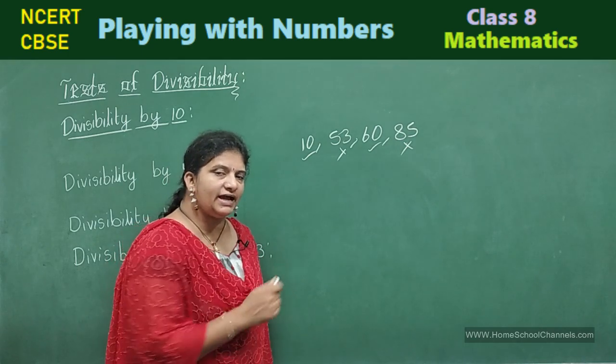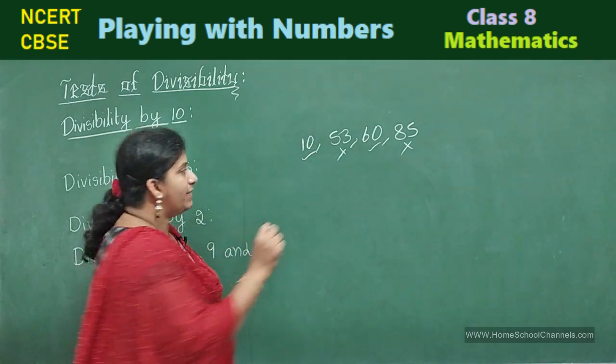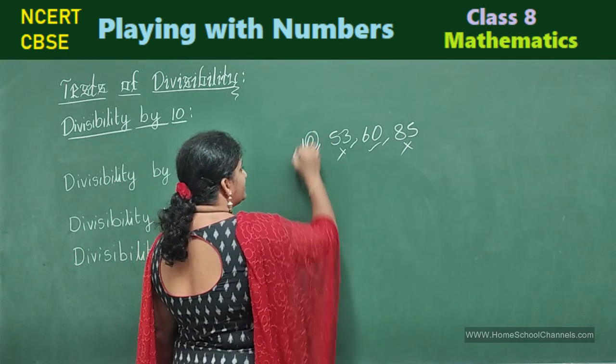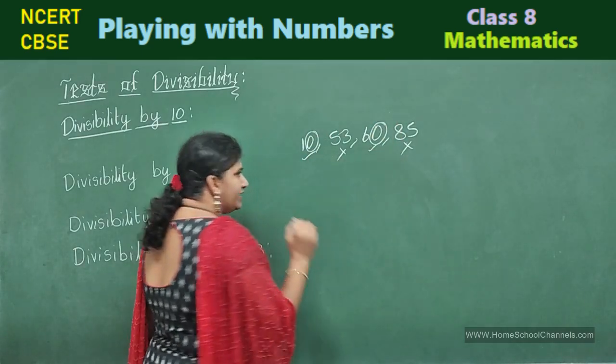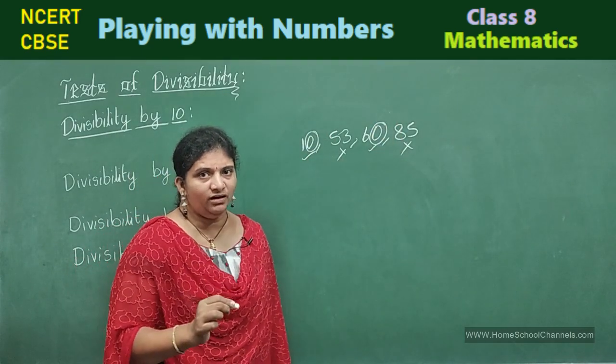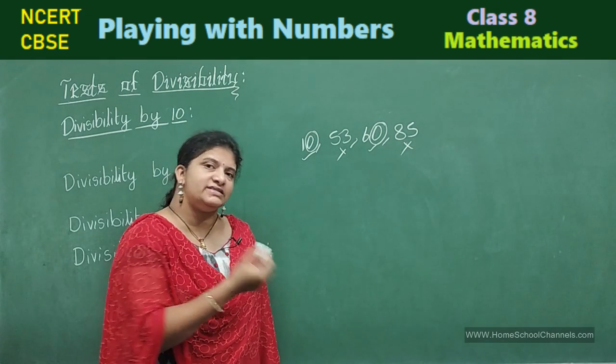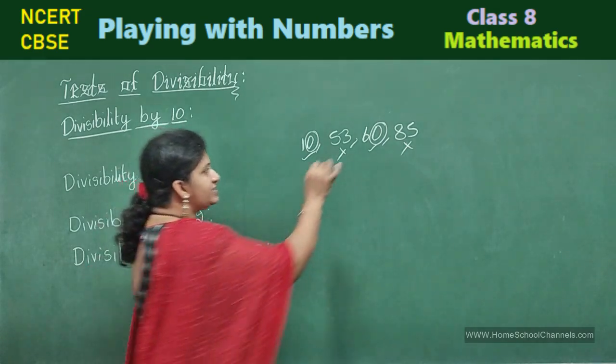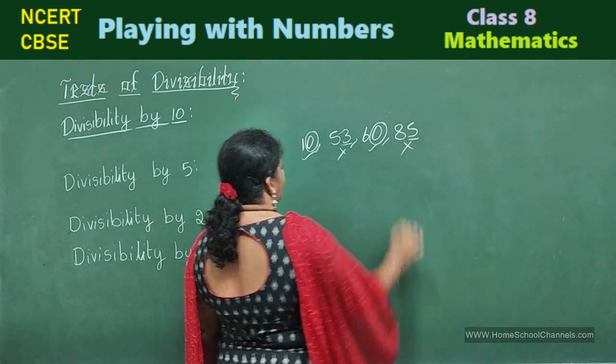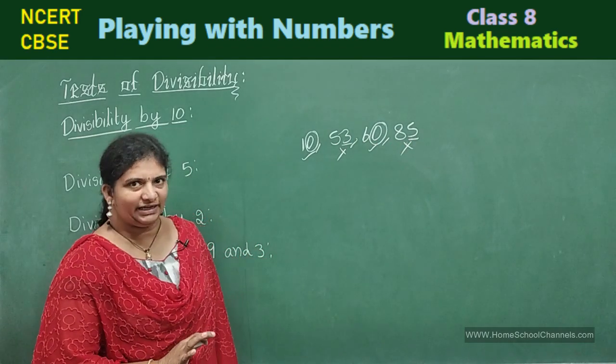How am I saying that it is divisible by 10? By observing the units digit. If the units digit of the given number is 0, then it is divisible by 10. If its units digit is not 0, then it is not divisible by 10.